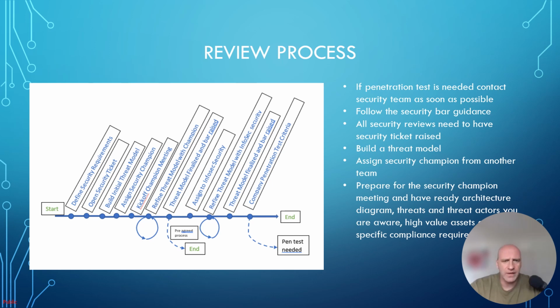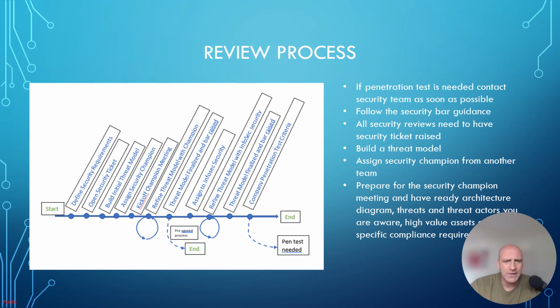Then they move into their teams to build an initial threat model, and then they have to assign a security champion. Then they will have a kickoff meeting with the security champion where they can refine the threat model with the champion.